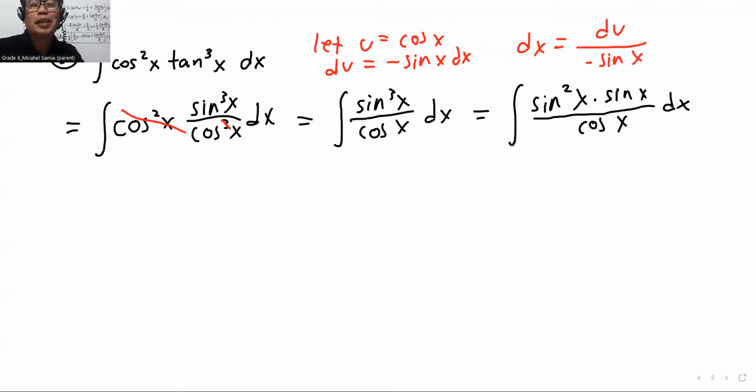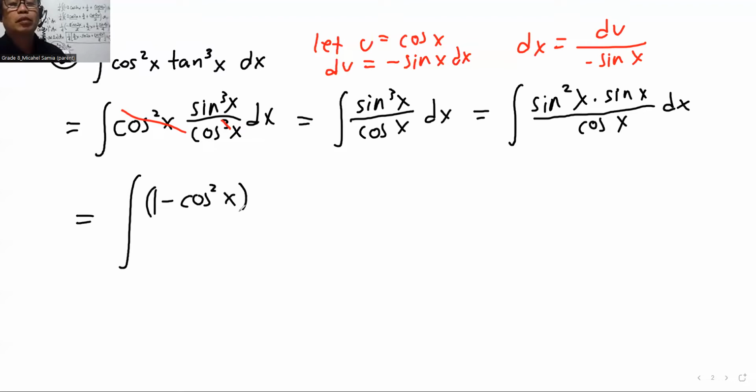Substitution. But you still have two sines in the numerator. There's still sine squared and sine. So we can use the trigonometric identities to convert the sine squared into cosine.